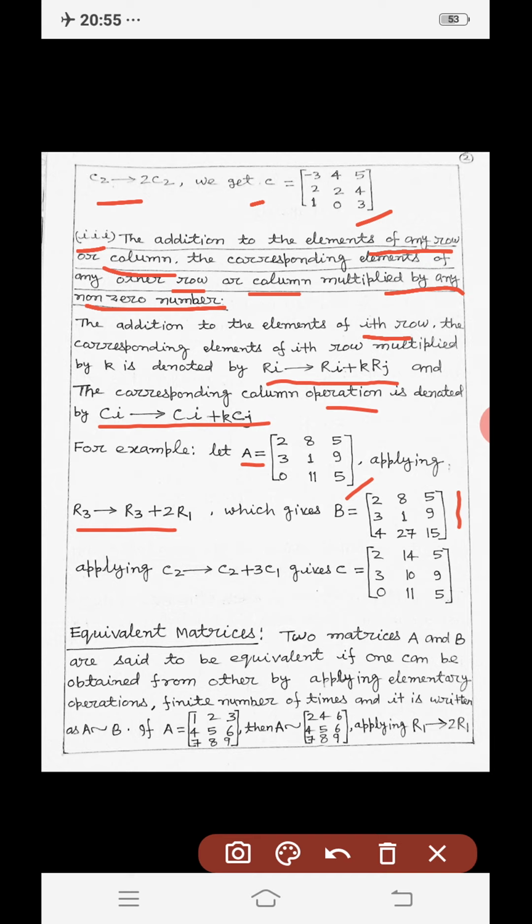And applying operation C2 changes to C2 plus 3C1 to matrix A, that is, to the elements of the second column, 3 times the corresponding elements of the first column are added, gives matrix C equal to 2, 14, 5, 3, 10, 9, 0, 11, 5.